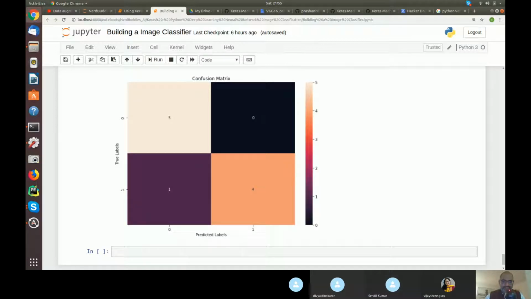So 0, 0 meaning the label was 0 and the prediction was 0. And here 1, 1 meaning the prediction was 1 and the label was 1. So 9 out of 10, so we have accuracy of 90%. But this part is a little random. If you run it multiple times, you'll get different accuracies.